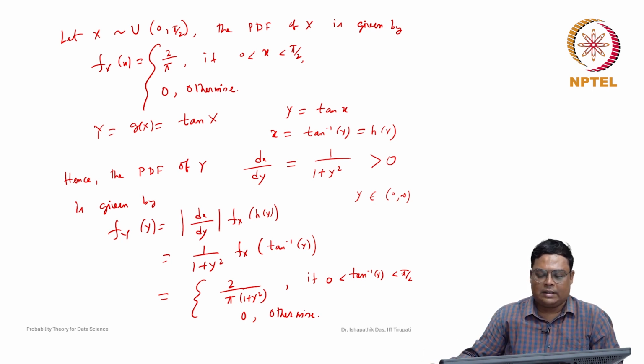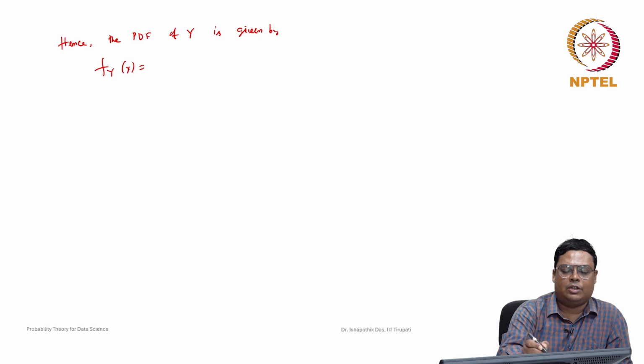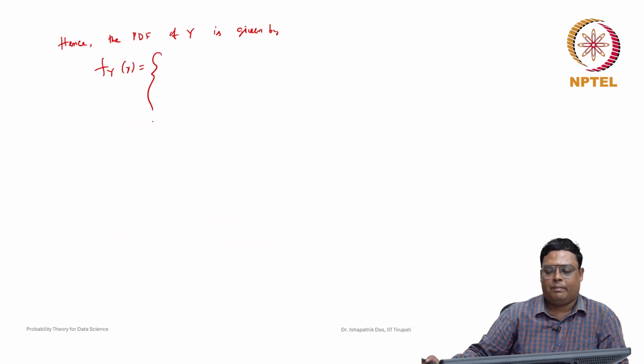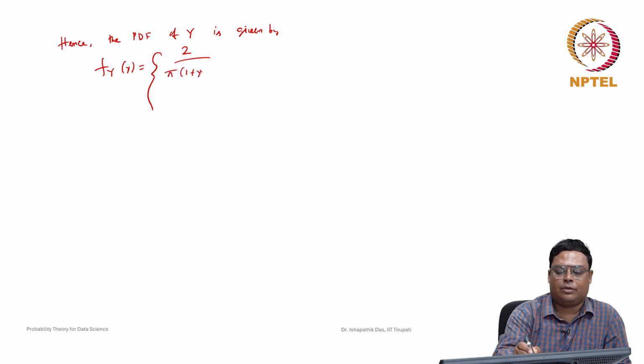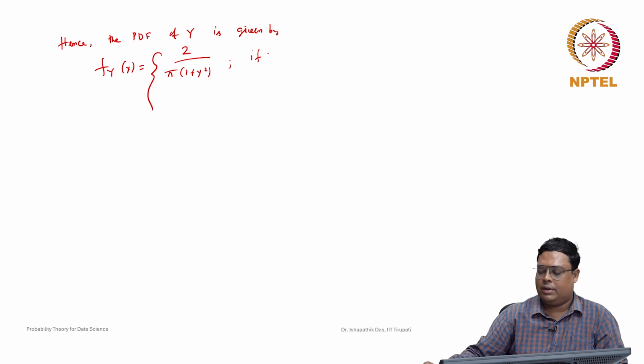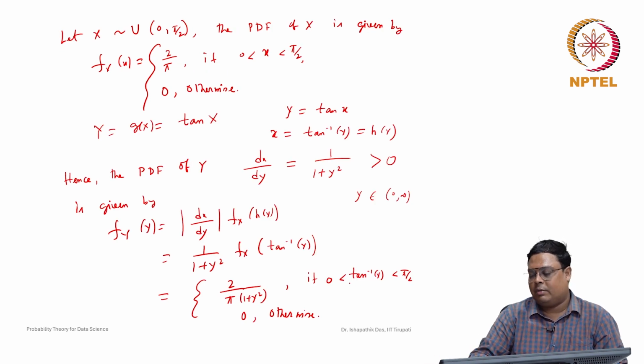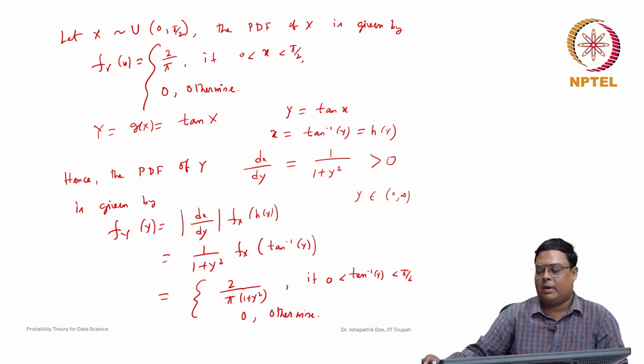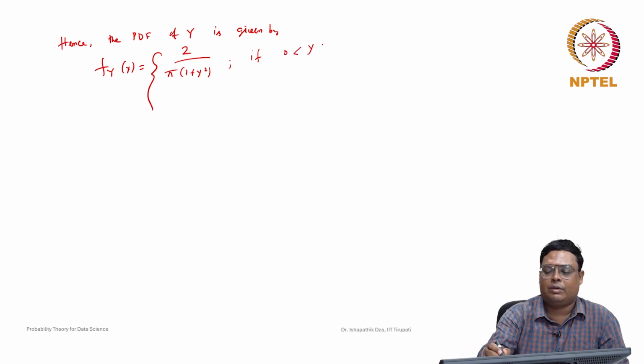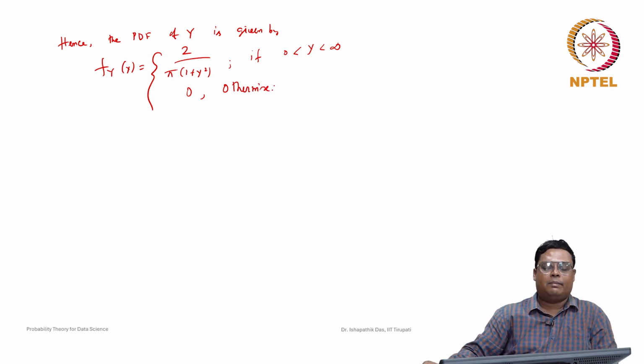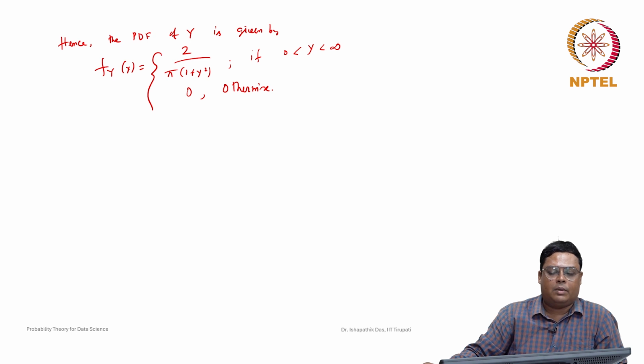Hence the probability density function of y is given by f of y equal to 2 by pi times 1 plus y square, if y is between 0 and infinity, since tan 0 is 0 and tan of pi by 2 goes to infinity, and this is equal to 0 otherwise. Hopefully you have followed this.